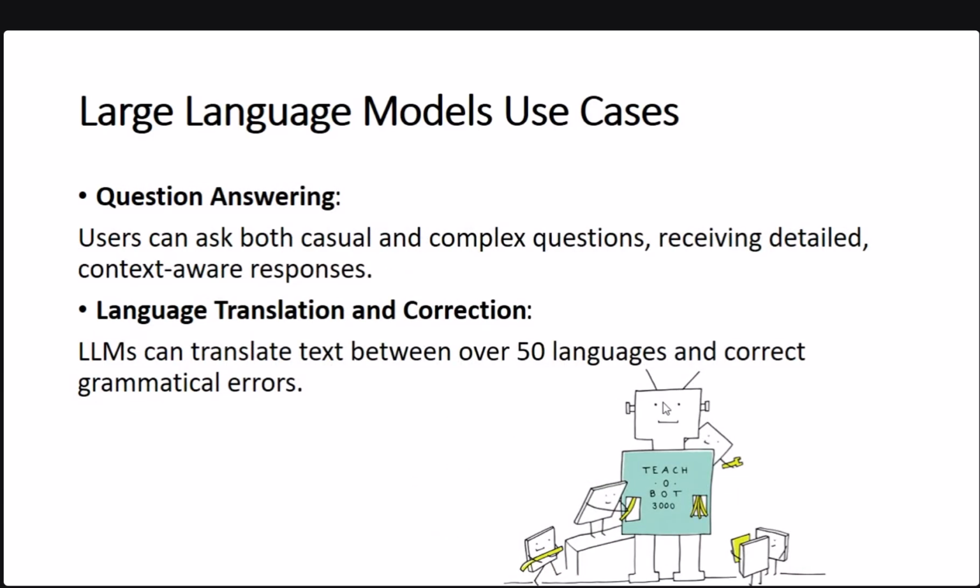Another use case is question answering. This is just like ChatGPT, or the chatbots running in banking institutions or other institutions. When we talk about large language model use cases, question answering means we ask a question and it gives us an answer.